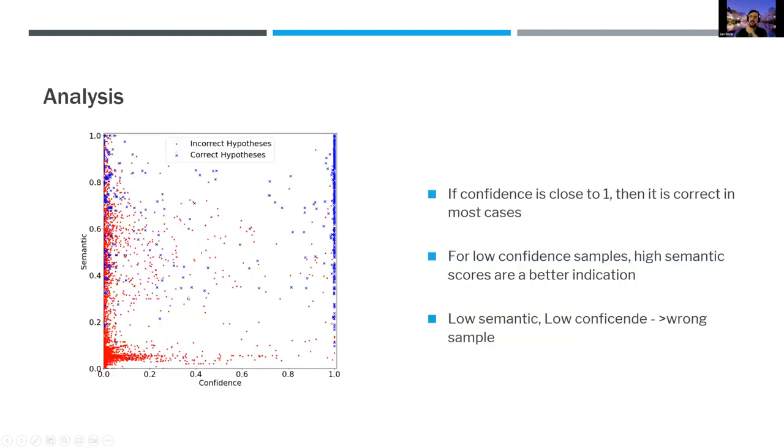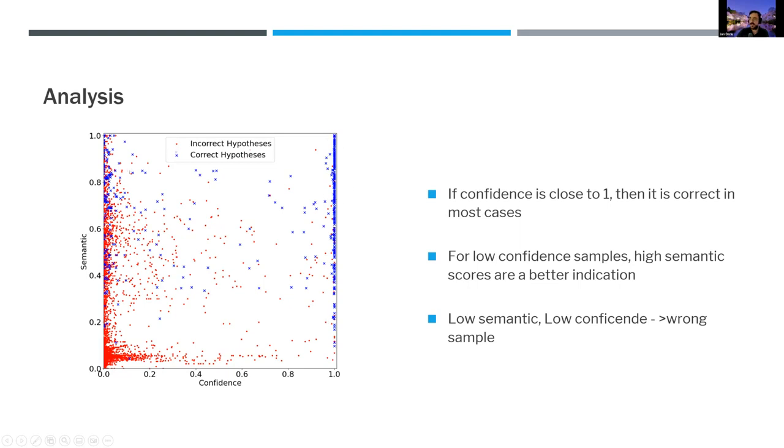If we look a bit closer at the analysis, what you see here is a distribution of the semantic score and the confidence score here on the x-axis. And here in blue are the correct hypotheses and in red are the incorrect hypotheses. You see that those where the confidence is already very high are mostly correct ones, regardless of how high the semantic score is.